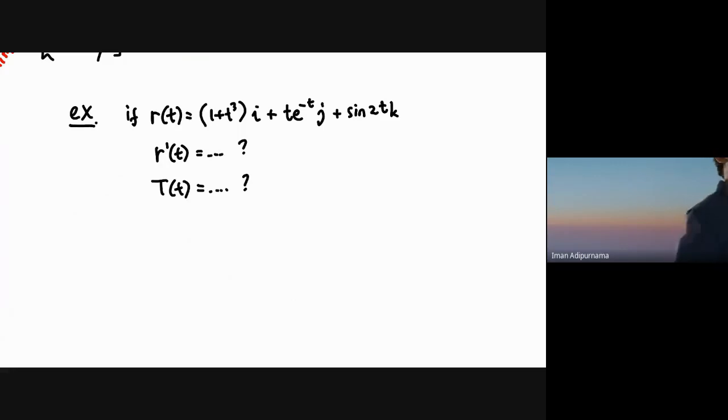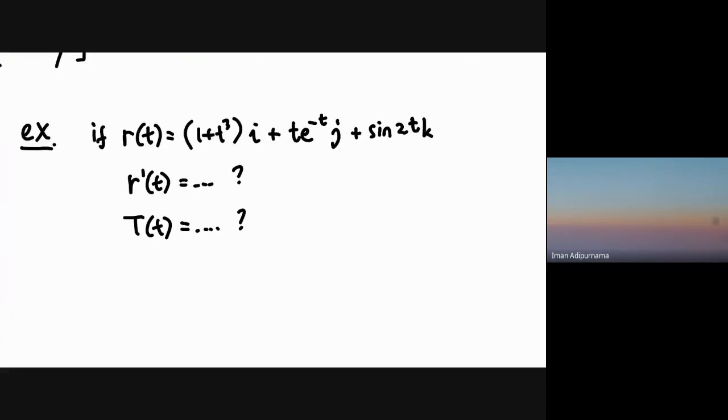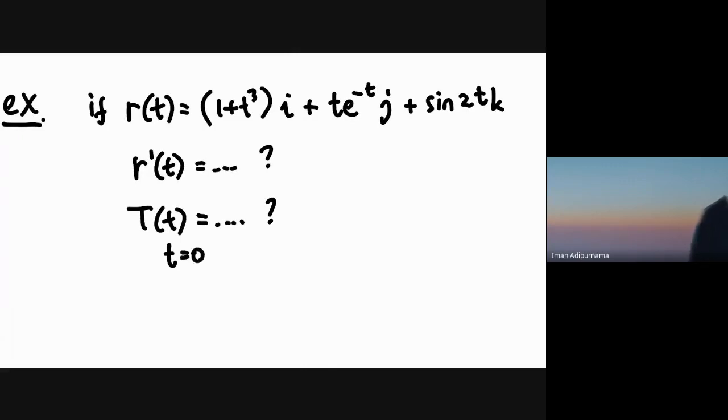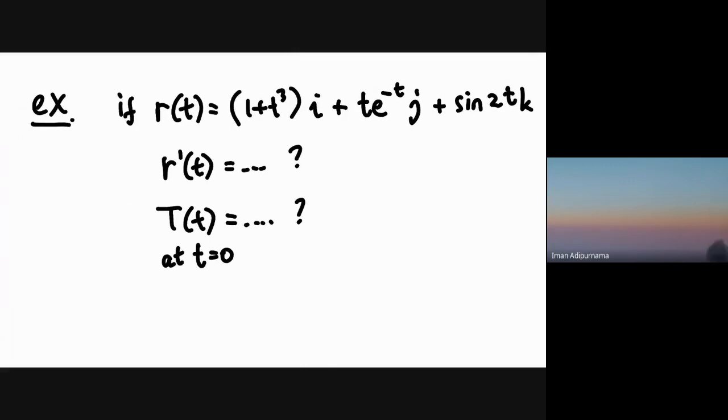Okay. So basically, if you read a question like this one, find the r prime or find the first derivative, find the derivative, which means we just differentiate each axis. And if it's asking for the unit tangent vector, we need to divide the r prime by its value. So maybe this question asks for the unit tangent vector at t equals 0.